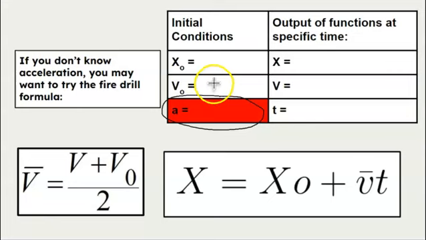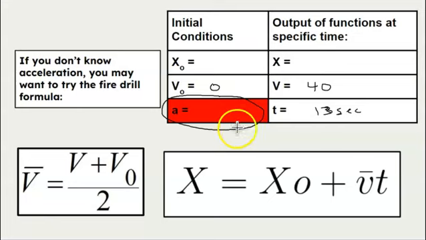So let's say maybe you went from like 0 to 40 in 13 seconds. Okay, and you want to know how far your car traveled when you went from 0 to 40 in 13 seconds. We don't care what the acceleration is. We could find it. Right, you went from 0 to 40 in 13. You could use the velocity function to find a.